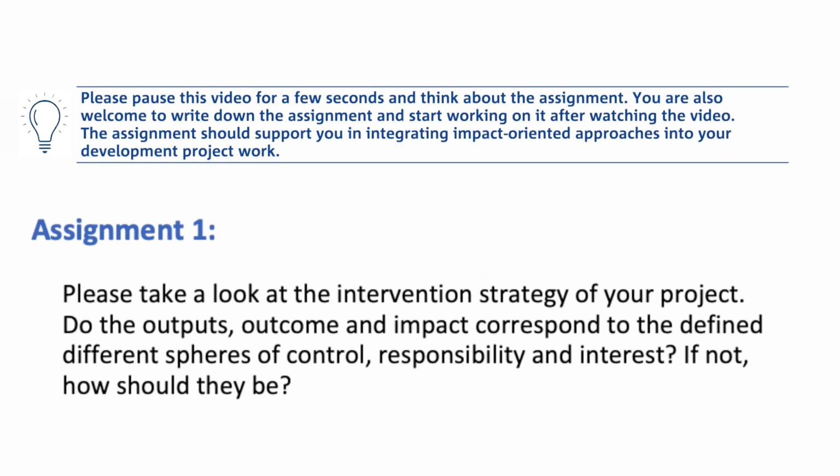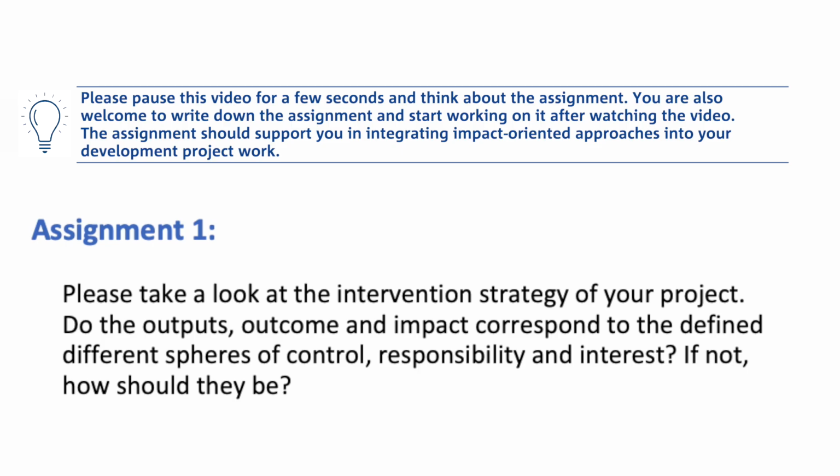Now, you take a look at the intervention strategy of your project and check whether the outputs, the outcome and impact correspond really to the defined different spheres of control, responsibility, and interest. And if not, how should it be?